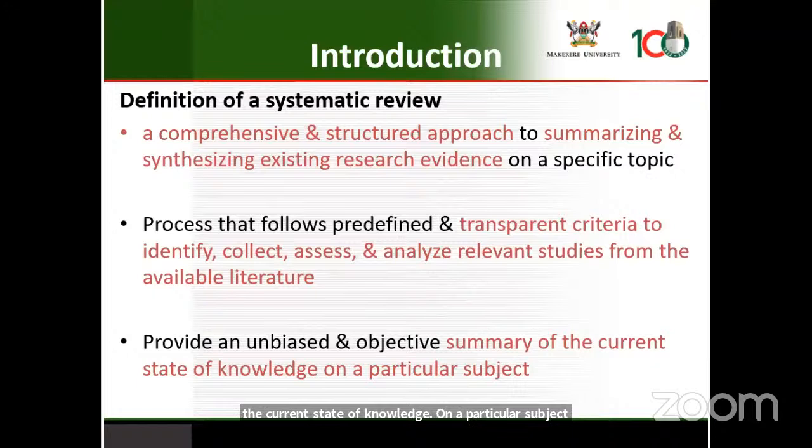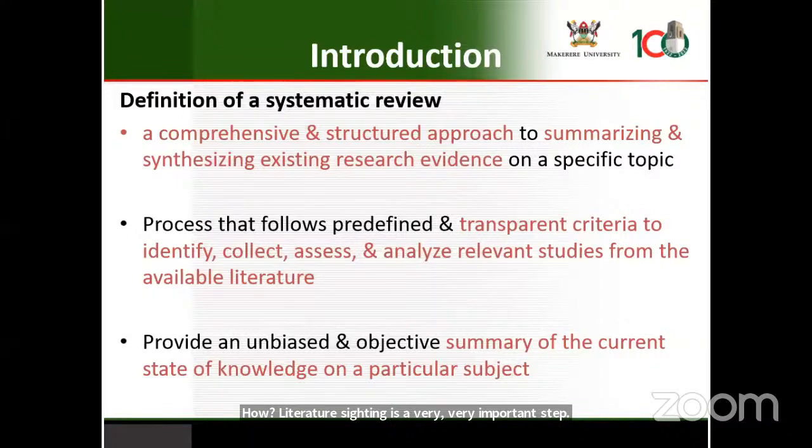So why I took you back to the definition of the systematic review, I am trying to show you how literature searching is a very, very important step or component of the systematic review process.